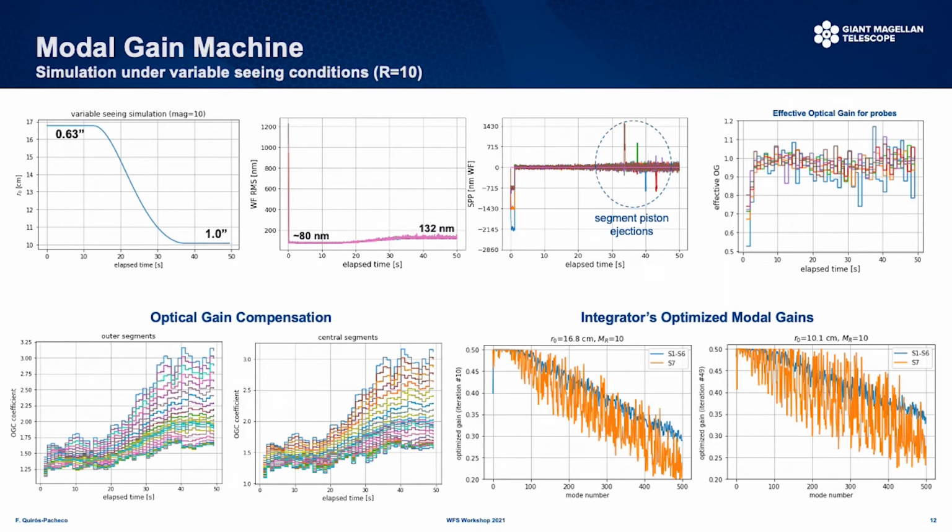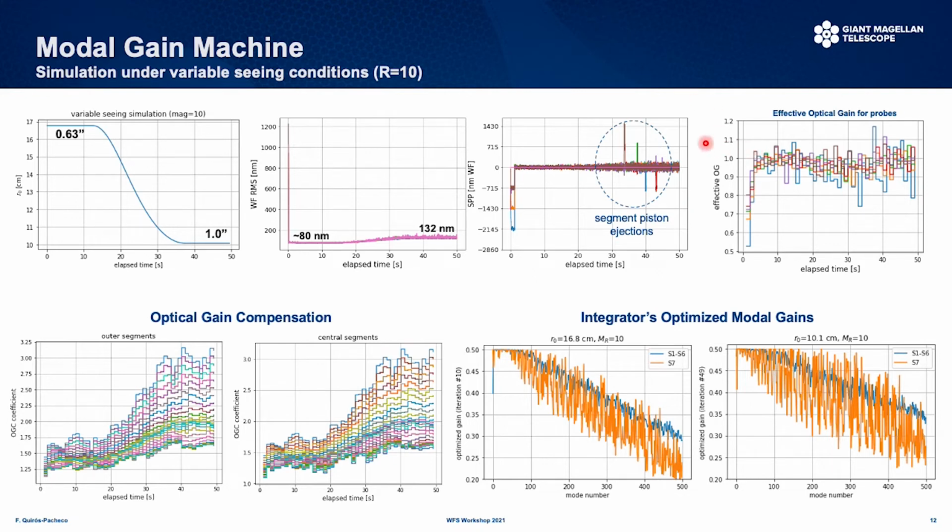In this slide we present a simulation under variable seeing conditions. It starts with median seeing and it gets worse down to 1 arcsecond seeing. The model gain machine is updating both the optical gain compensation coefficients and the integral gains of the temporal controller at a rate of 1 Hz to cope with these varying conditions.